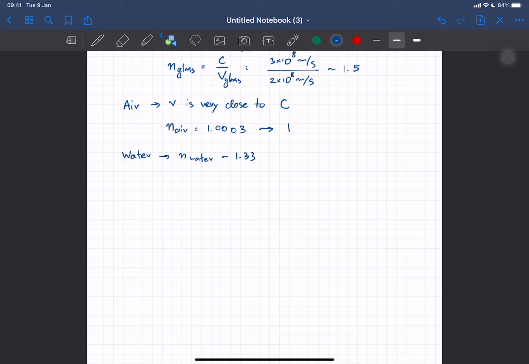So if we draw an interface between the two media, let's say we have air here at the top, and then we have water, and we have an interface between the two, which should be horizontal.